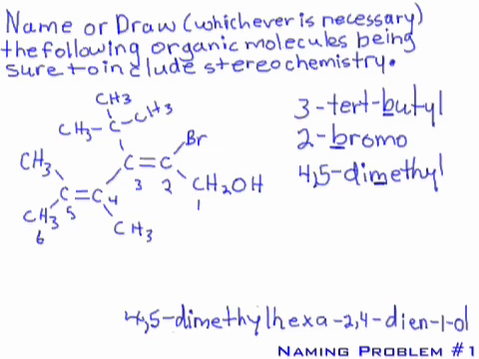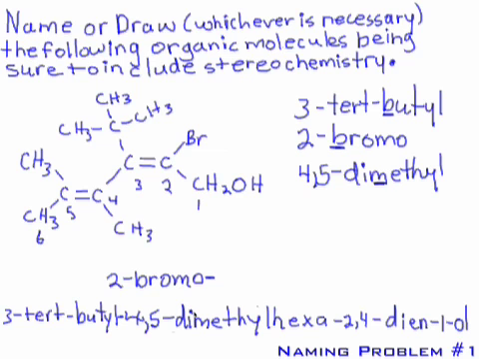So there's 4,5-dimethyl, and let's fit in the 3-tert-butyl. So there's my 3-tert-butyl. Let's fix that E. 3-tert-butyl-4,5-dimethyl. And lastly, the 2-bromo would be in front of the 3-tert-butyl. There's a hyphen for it.